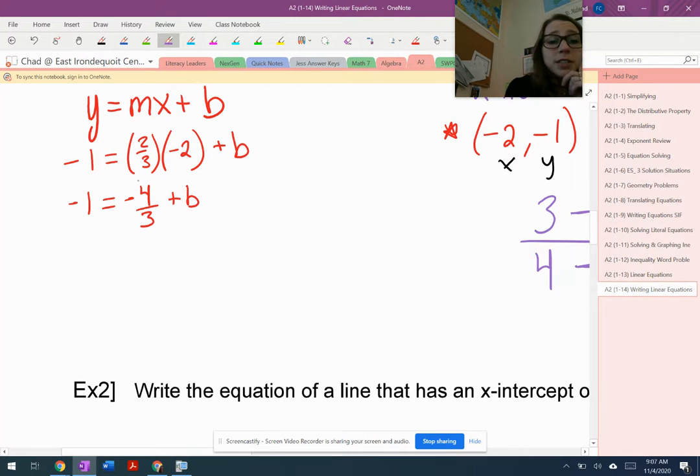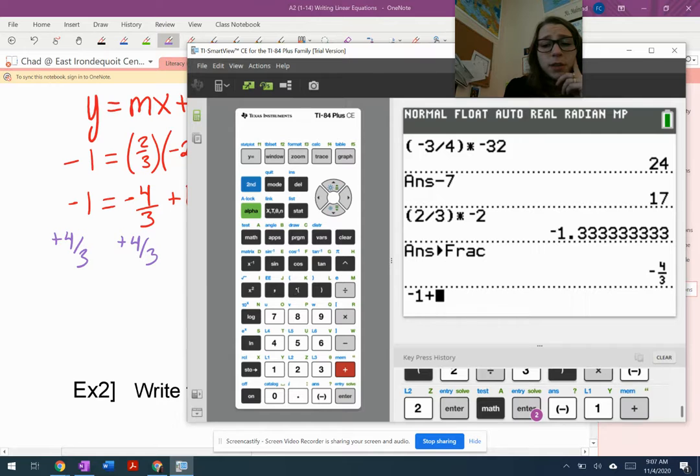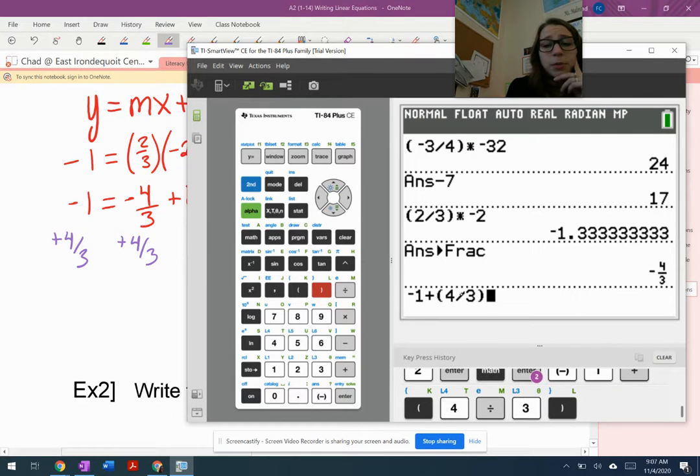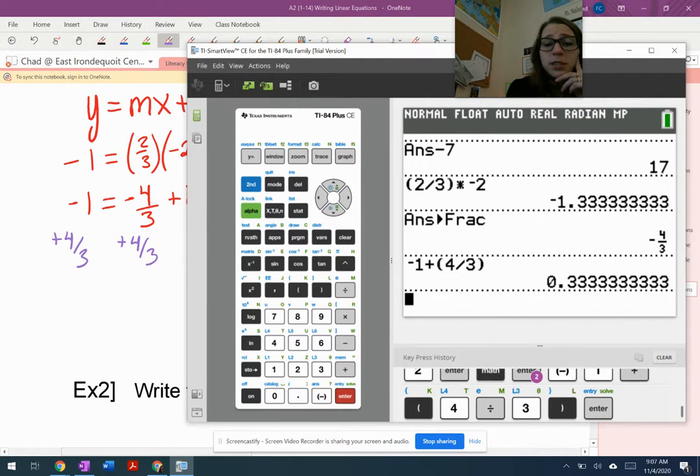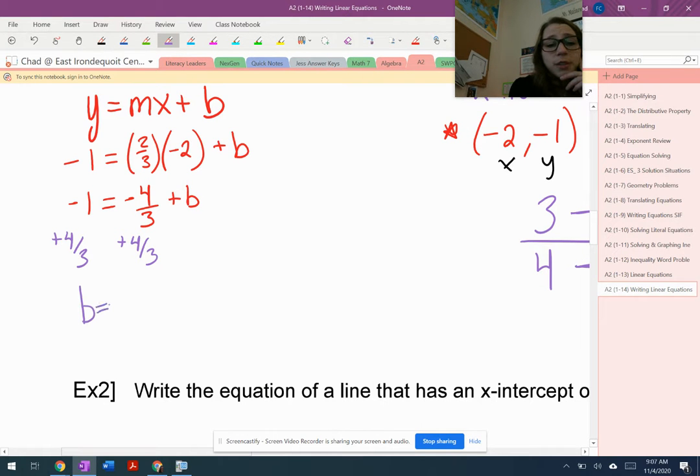The opposite of -4/3 is to add 4/3 to both sides. And again, I'm just using my calculator here. So -1 plus 4/3, remember, putting that fraction in parentheses, math frac the repeating decimal. So my b value is equal to 1/3.